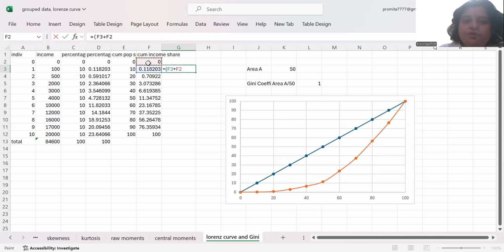Half into sum of two parallel lines into the gap between the two parallel lines. So it is basically the sum of two consecutive cumulative income shares divided by 2 into the gap between two consecutive cumulative population shares, whole divided by 100.